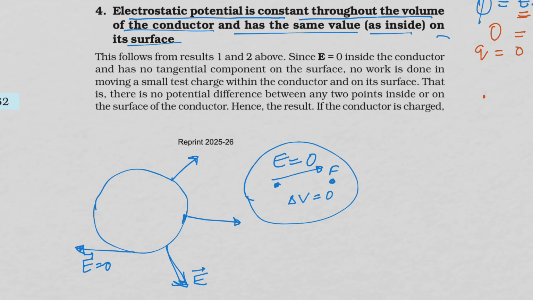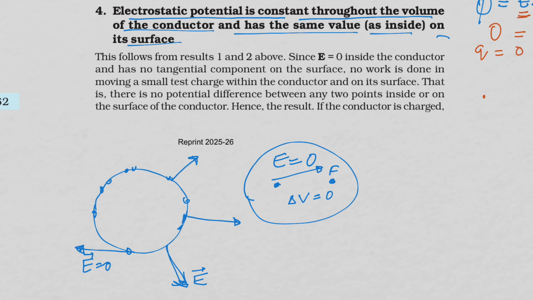It means the free electrons on the surface of the conductor will not move. So there will be no work done in moving over the surface.